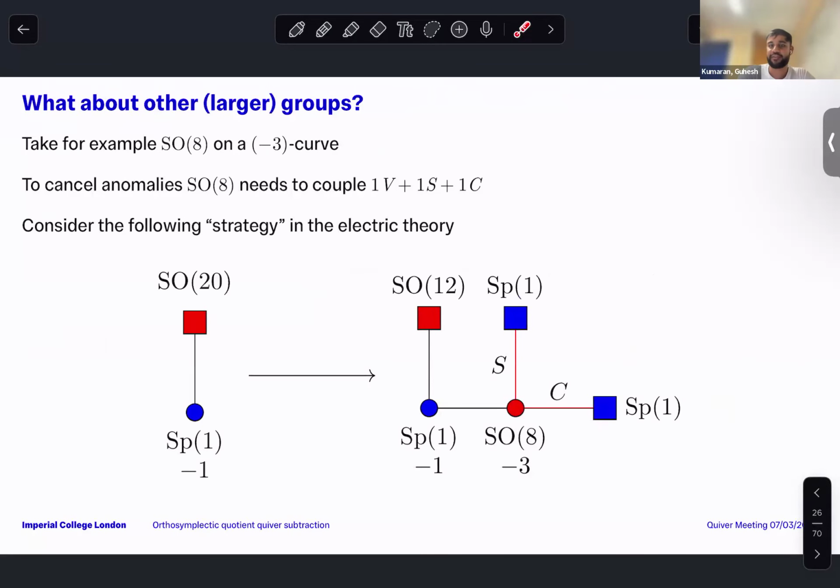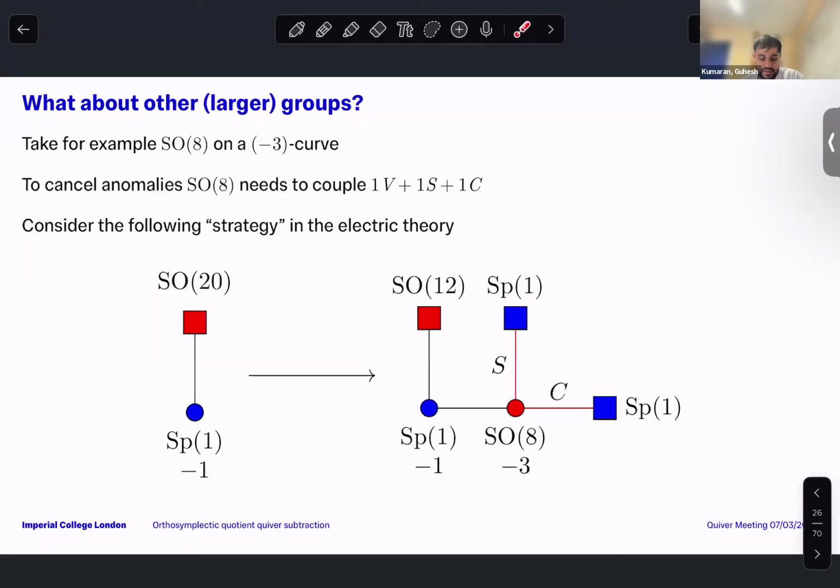But why did I stop there? What about larger groups? So here, for example, take SO8 gauge theory, and we'll put it on a -3 curve. Now, again, if you're not familiar with the language of F theory, all I'm trying to say here is that to cancel anomalies, you need to couple multiple types of matter to the gauge group.